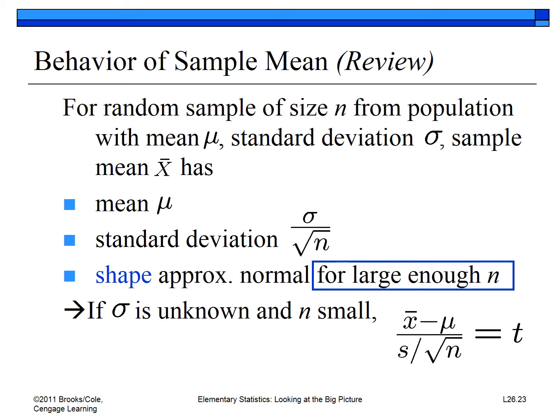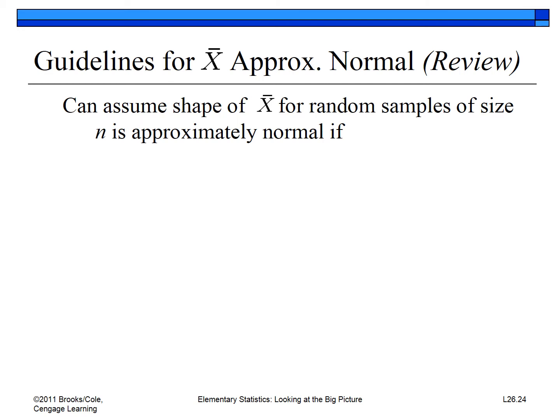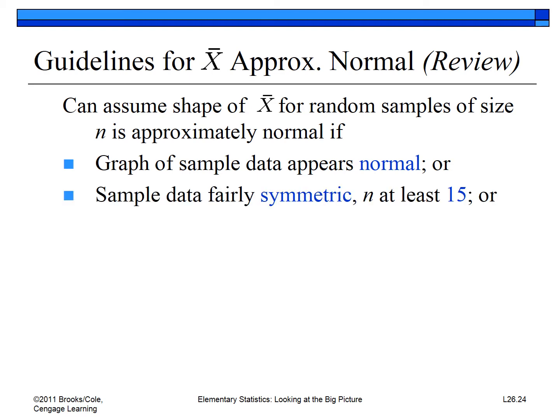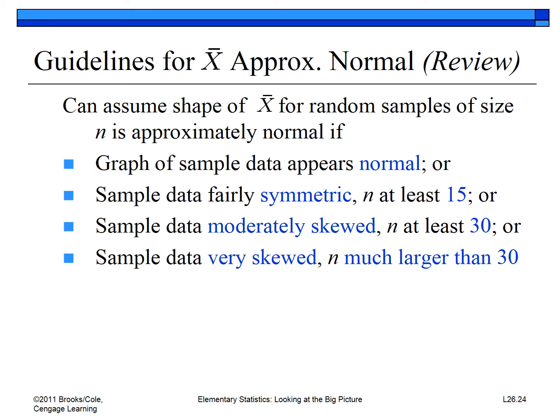But what do we mean when we say large enough n? Now, we've seen this before. We can assume that the shape of x bar, that distribution for fixed sample size n, is approximately normal if one of the following holds. If the sample looks like it's normally distributed, or if the sample seems to be symmetric and n is at least 15, or if the sample is no more than moderately skewed and n is at least 30, or the sample data are very skewed but n is much larger than 30.